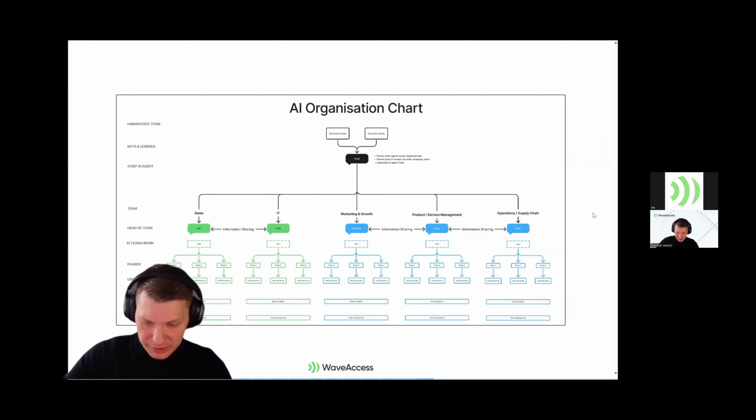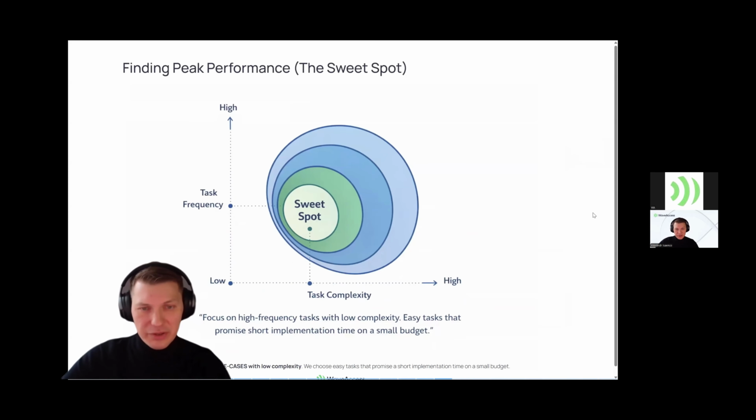And by finding all use cases, the next task for us is to find this sweet spot. It's the task which is easy to implement, which is not very complex, and which is very frequent.